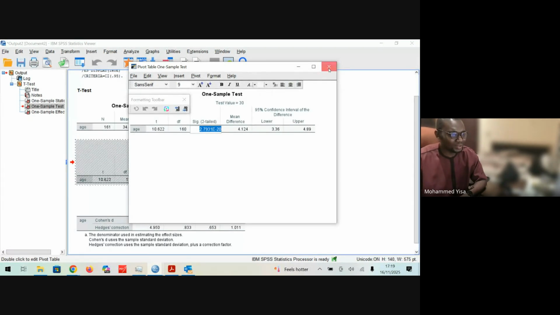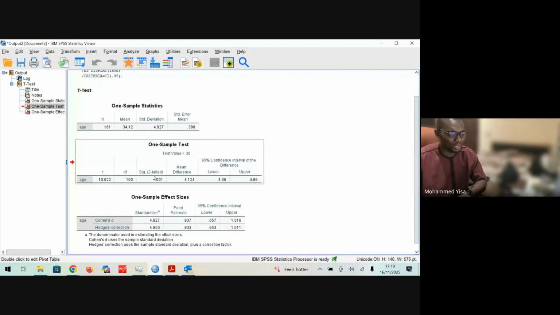That would be very difficult to represent in a table here. It's several zeros before you have any significant figure, and that's why it's represented like this, less than 0.001. So this p-value is less than our set significance level. Therefore, we are able to reject the null hypothesis.